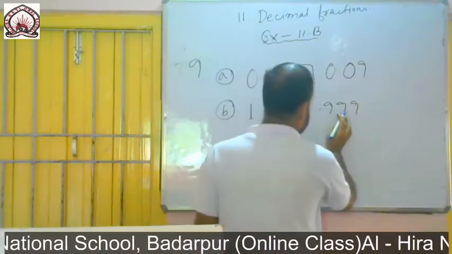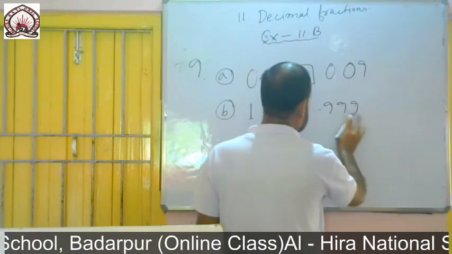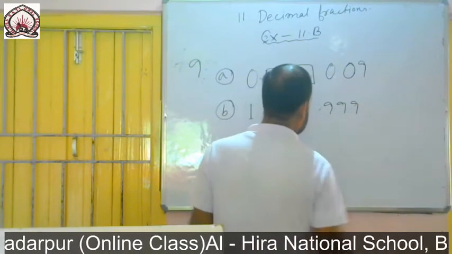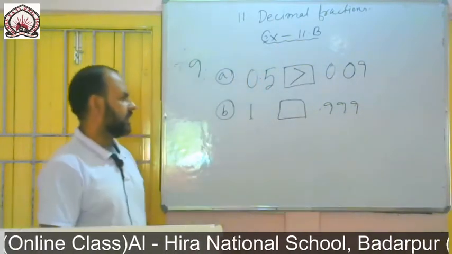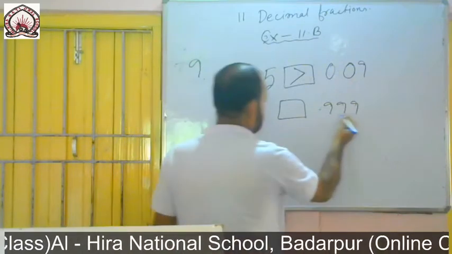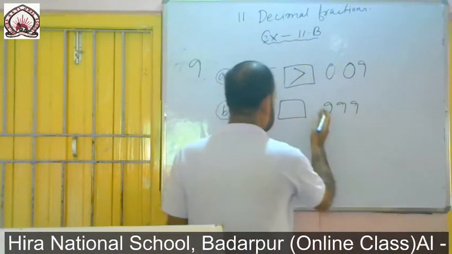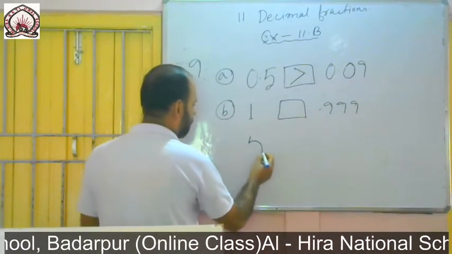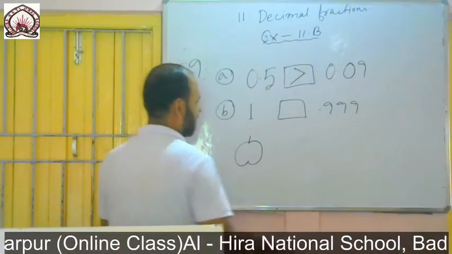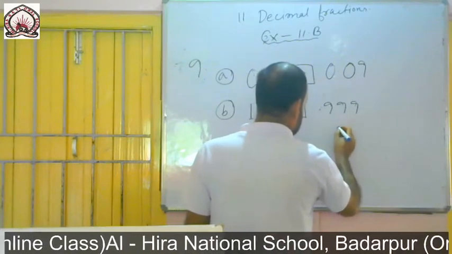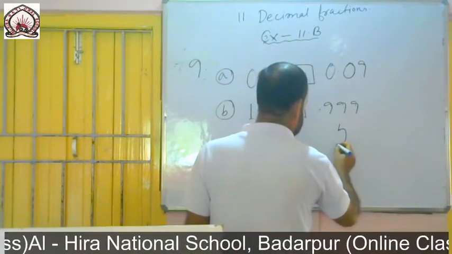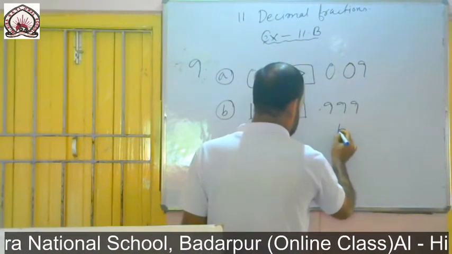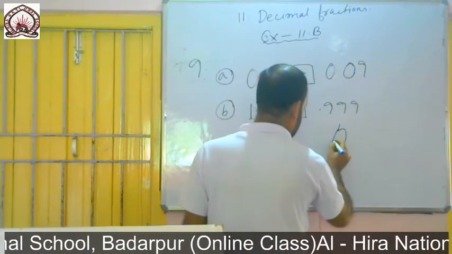This one, 0.999, has only a decimal part and no integral part. So it is a whole apple versus a portion of an apple, a bit less than one apple.